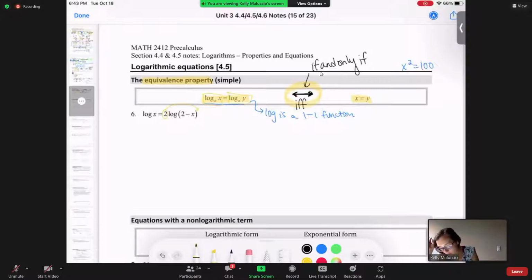So I'm going to say this is the same thing as log X equals log of (2 minus X) squared. Okay. So now logs, done with them. And we're just going to solve a quadratic. So yes, maybe this is more work than I was anticipating, but then we can drop the logs and say X has to equal (2 minus X) squared, which we will have to expand.